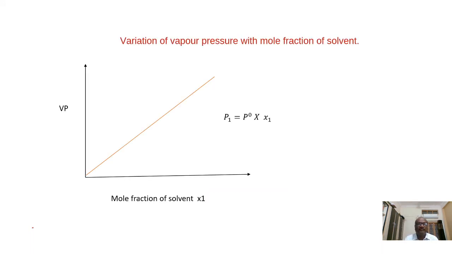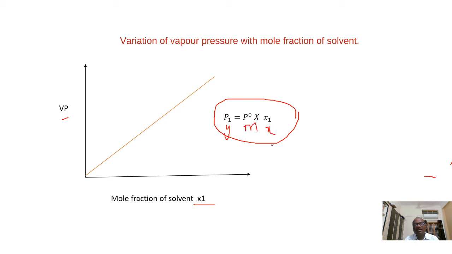Now let us see the vapor pressure and mole fraction of the solvent. Here the mole fraction of the solvent is represented by x1. Vapor pressure versus x1 is present in the form of y is equal to mx. The vapor pressure is y, whereas P naught is m, where x1 is x.